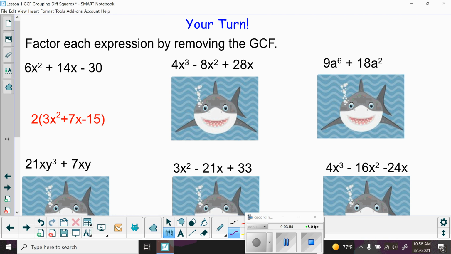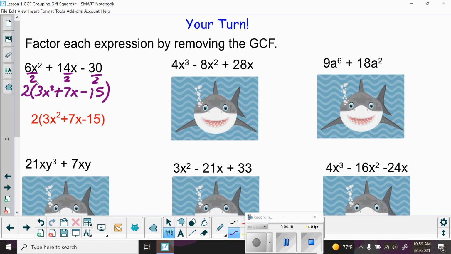So I can get a 2 out of each. And then I'm going to divide each one of these by 2. 6 divided by 2 is 3, and I still have the x squared, plus 14 divided by 2 is 7, and I have the x. The minus comes down. 30 divided by 2 is 15.